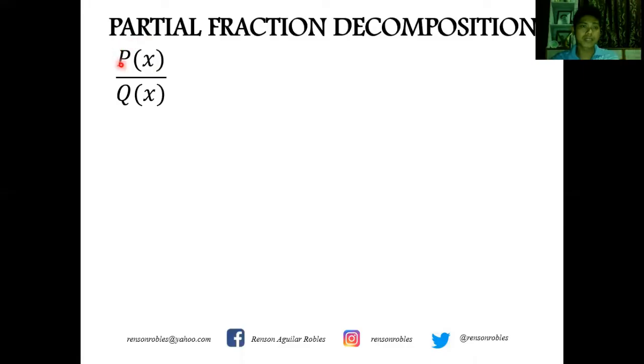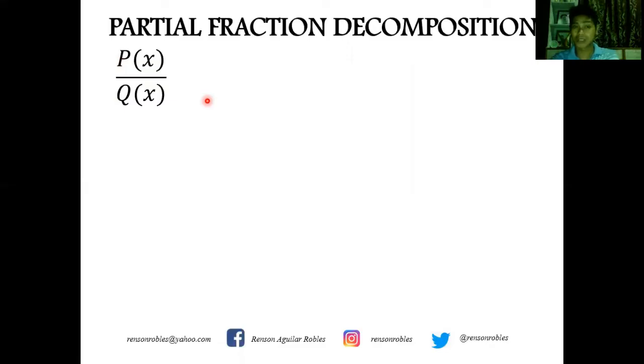Dividing p of x over q of x, the result would be a mixed fraction consisting of a polynomial and a proper fraction. Assuming all fractions considered are irreducible, we can now apply the process of partial fraction decomposition before integrating.